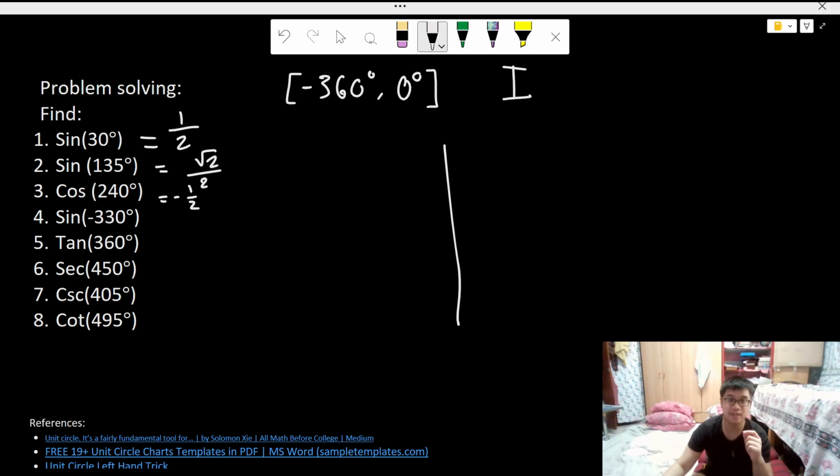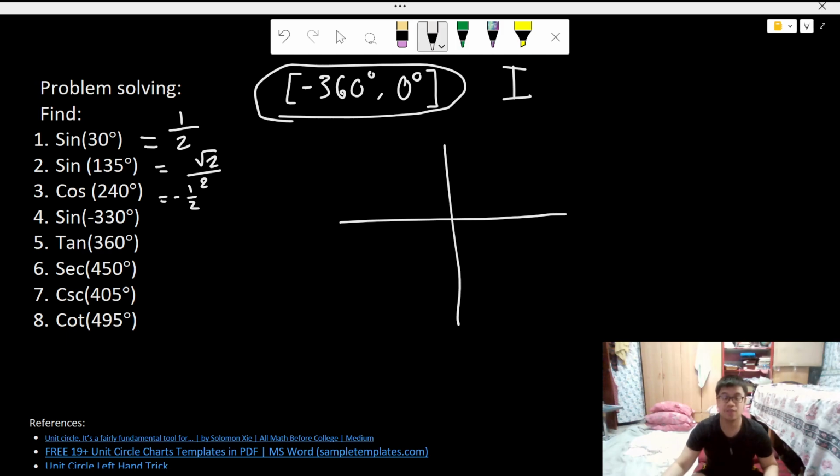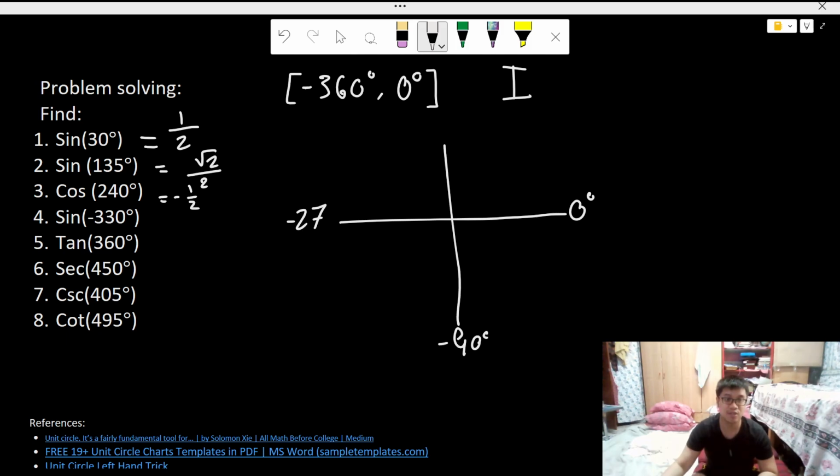Because if you're going to graph it this way, the angle is in the range from negative 360 degrees to 0 degrees, then you will have 0 degrees, negative 90 degrees, negative 180 degrees, then negative 270 degrees and negative 360 degrees.